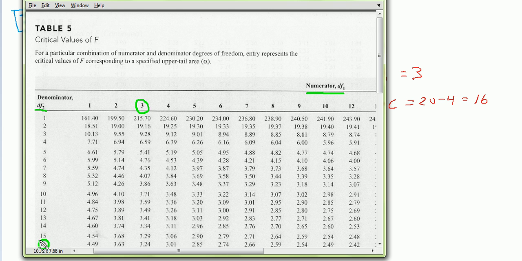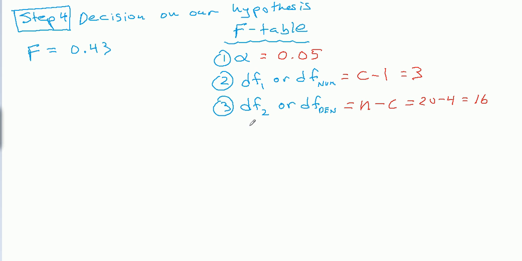If I go all the way down until I get to 16, and all the way right until I get to 3, I get my F upper critical value, 3.24. You should be able to find that easily on the table. So that is my FU, no pun intended.